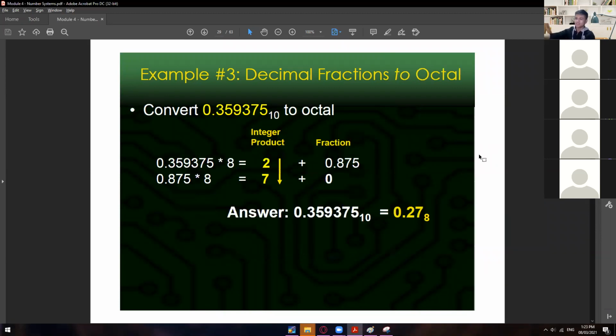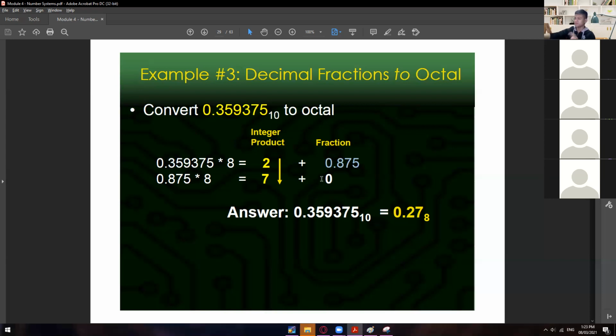So we have your example number 3. We have 0.359375 base 10, and it is asking us to convert this one to octal. So 0.359375 times 8 gives you 2.875. Just separate those two, then copy the fraction part, 0.875 times 8, and you will get exactly 7.